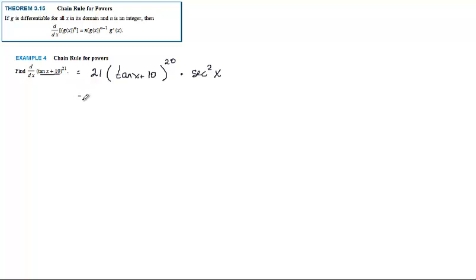So maybe clean this up, make it 21 secant squared x so that he'll be up there in front, times tangent x plus 10 to the 20th. No real need for a specific chain rule for powers, but we can make one.